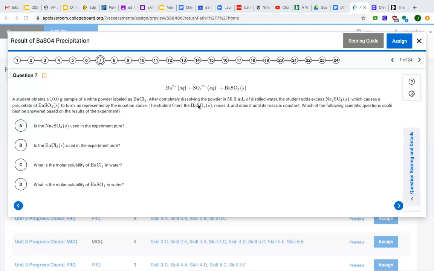Then you can ask yourself, if I've got this many moles here, would I expect to have had that many moles from 10 grams of barium chloride if the barium chloride were pure in the first place? If I've got fewer moles than expected, say I've got 97% of the moles of barium I expected to have, well, then my barium chloride was 97% pure.